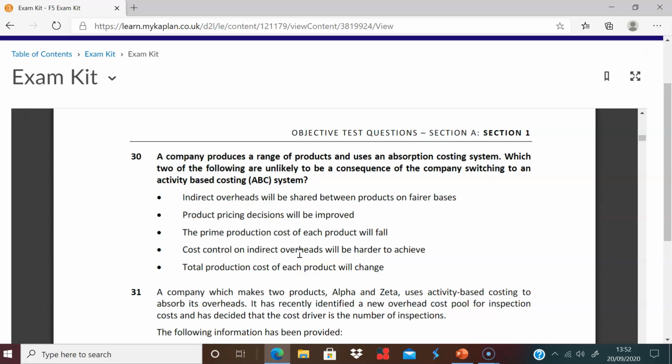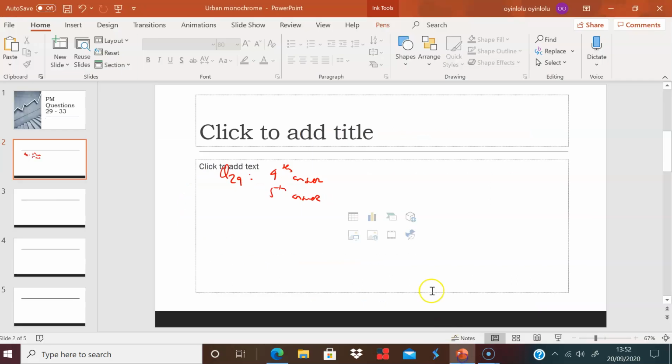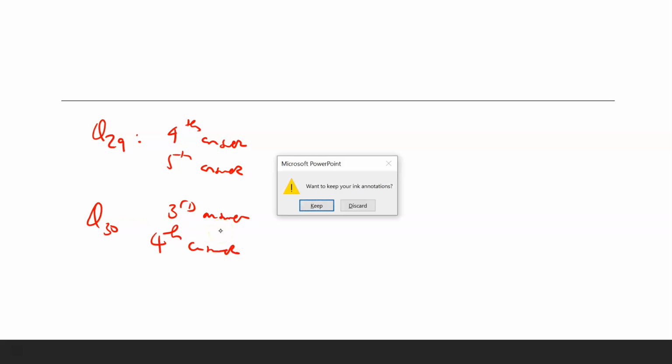Yes, this is not true. Cost control on indirect overheads will be harder to achieve? No, that's untrue. It will actually be easier to achieve because we know what's driving those overheads. So 3 and 4, the third point and the fourth point. So for question 30, the third answer and the fourth answer are the correct answers.